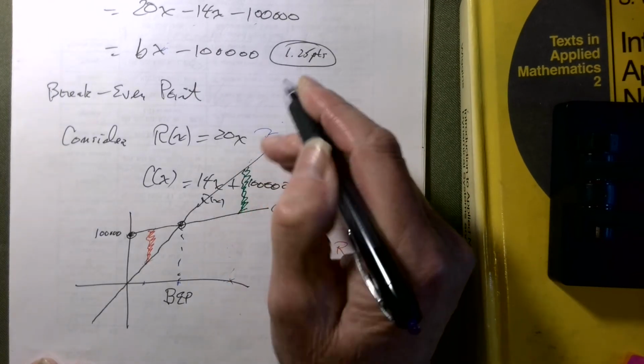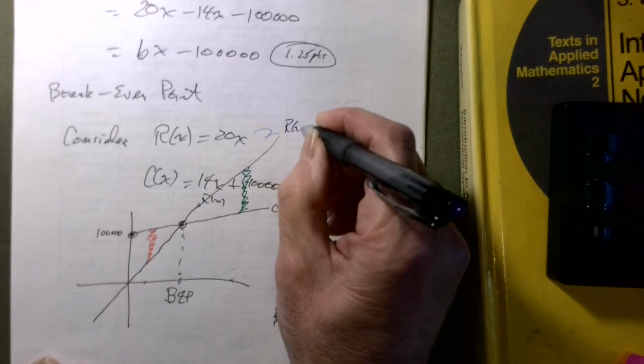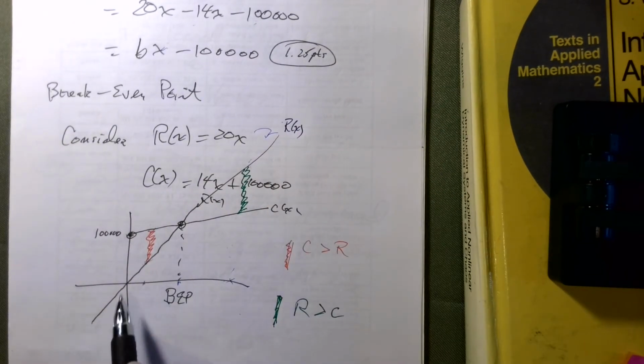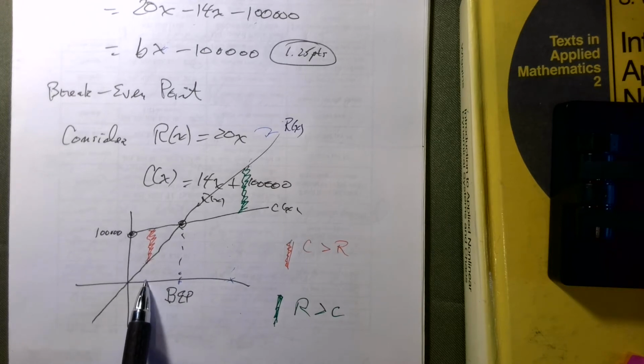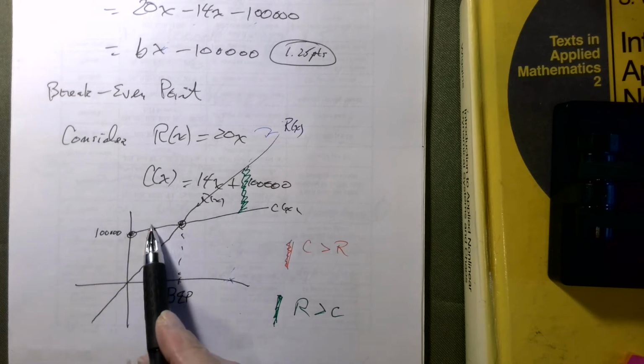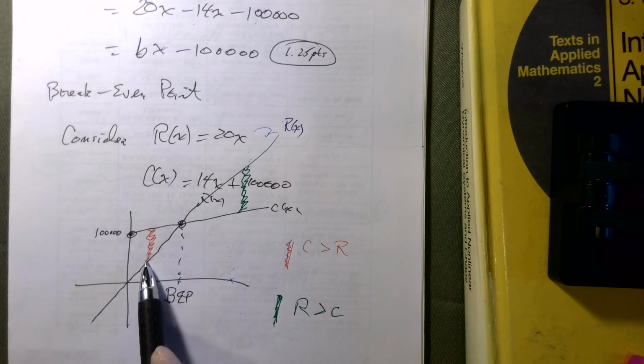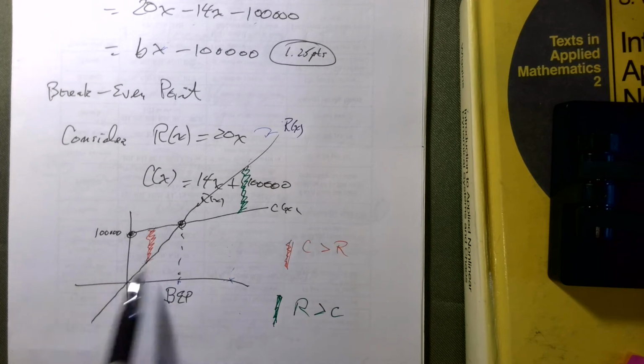So here's my R. Now, let's ask the question, suppose I produce this much of whatever I'm producing. Is this a good situation? Well, I don't think so, because the cost is bigger than your revenue. You're losing money. Suppose I go on this side.